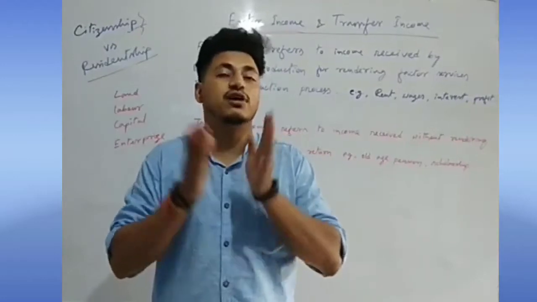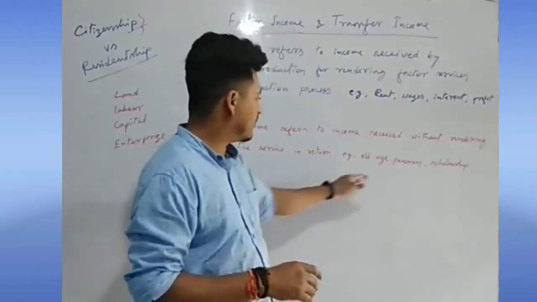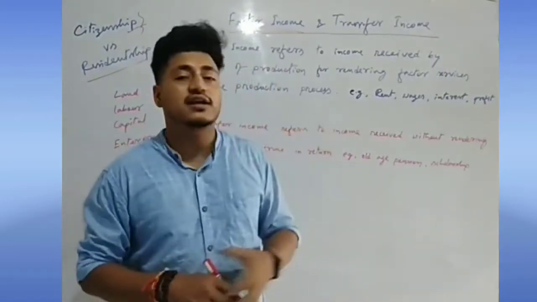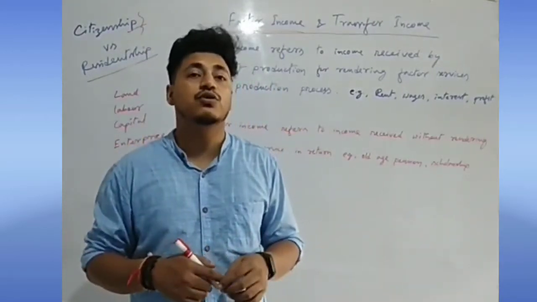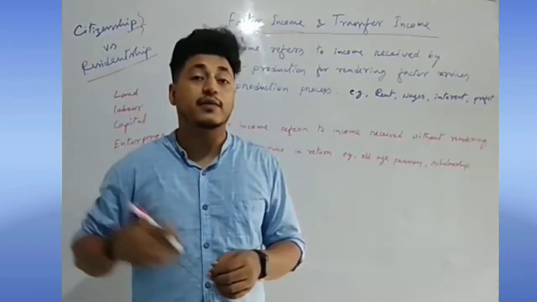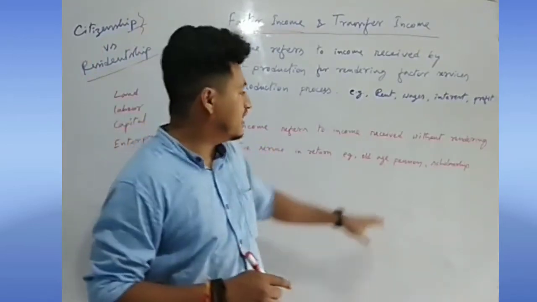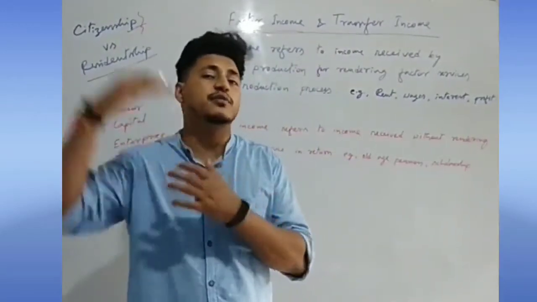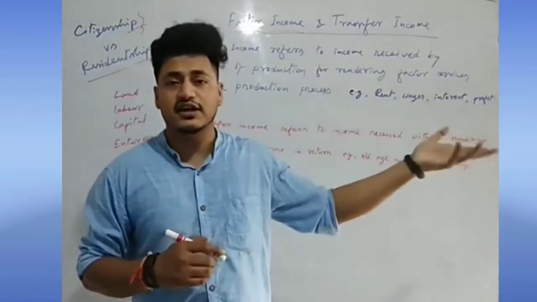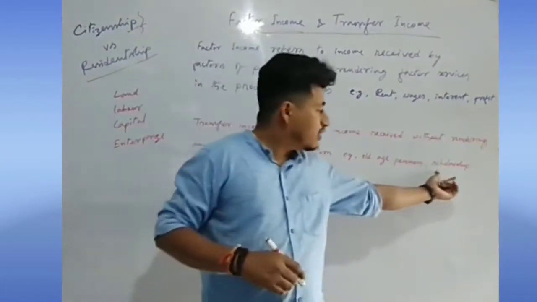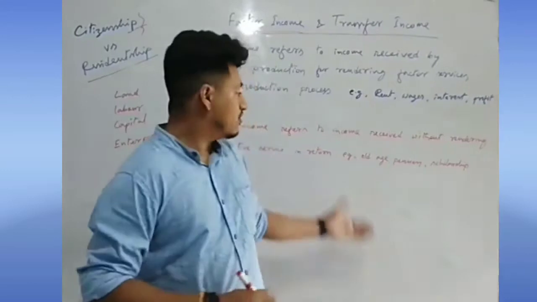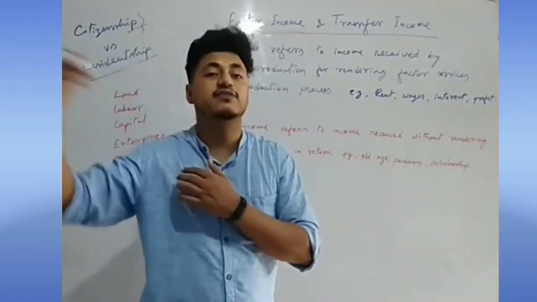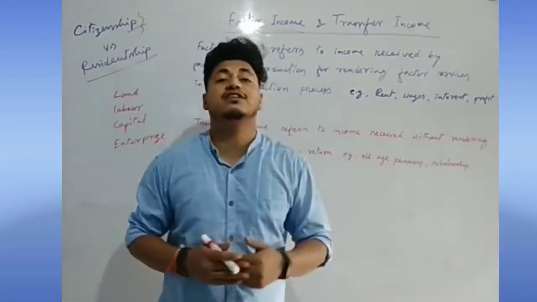Examples are old age pensions, what we call वृद्ध भत्ता, which is given to old people above 60 years of age. Similarly, scholarships: students who get a scholarship do not have to provide any service. They are just studying in schools and colleges, and they get scholarships from the government. For this money they are not doing anything for the government. So this is known as transfer income.